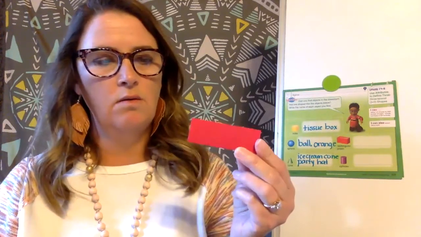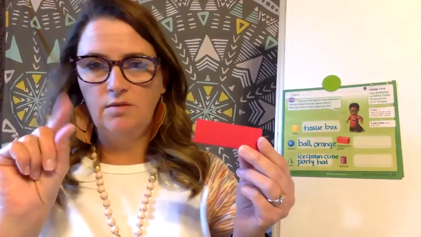Okay, so something in my house that could be shaped like a rectangular prism. I think I know. Something else that we've already used, I could use again because I have something else in my house shaped like this that I could use if I had a runny nose or a cough or sneeze, or I needed to maybe wipe my eye and I don't want to touch it with my fingers to get germs in it. I could have a tissue box at my house, okay?